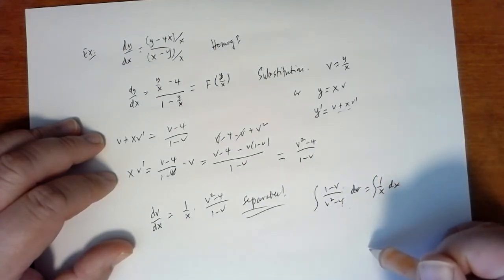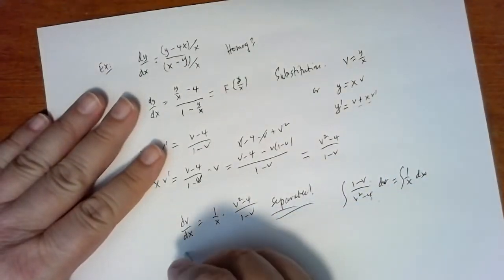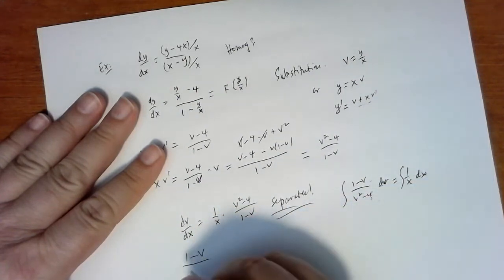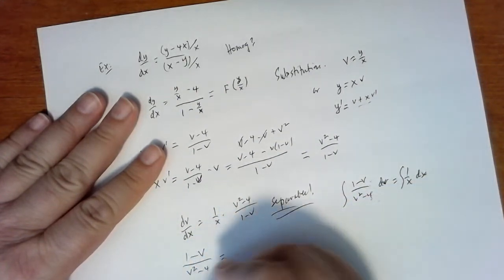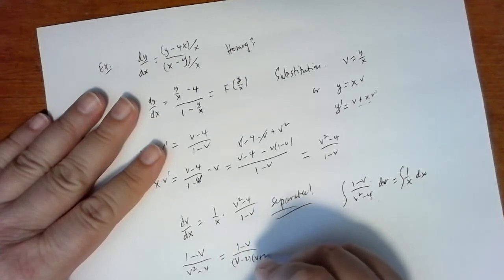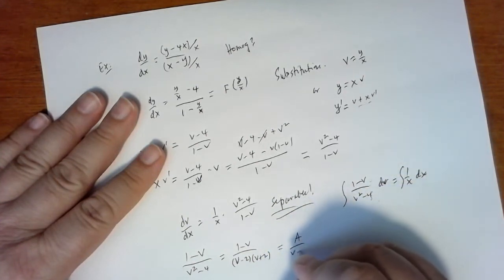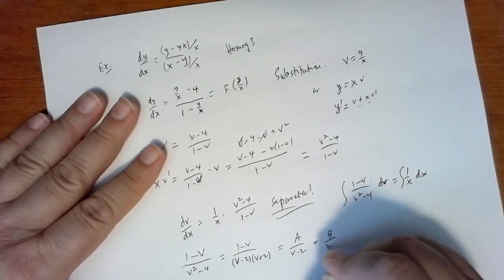I think we have to do something called partial fractions. 1 minus v over v squared minus 4 can be written as 1 minus v over v minus 2 times v plus 2. And using partial fractions, that's going to be a divided by v minus 2 plus b over v plus 2.